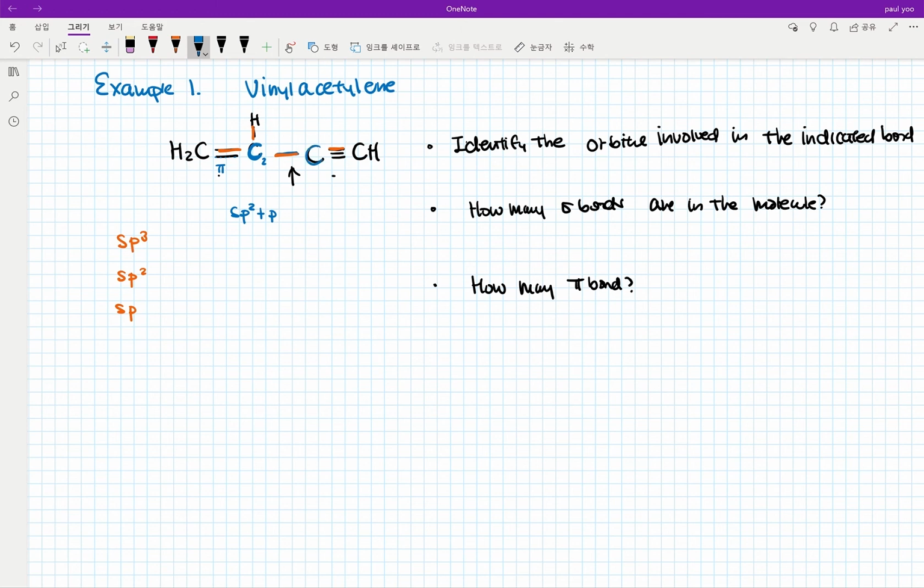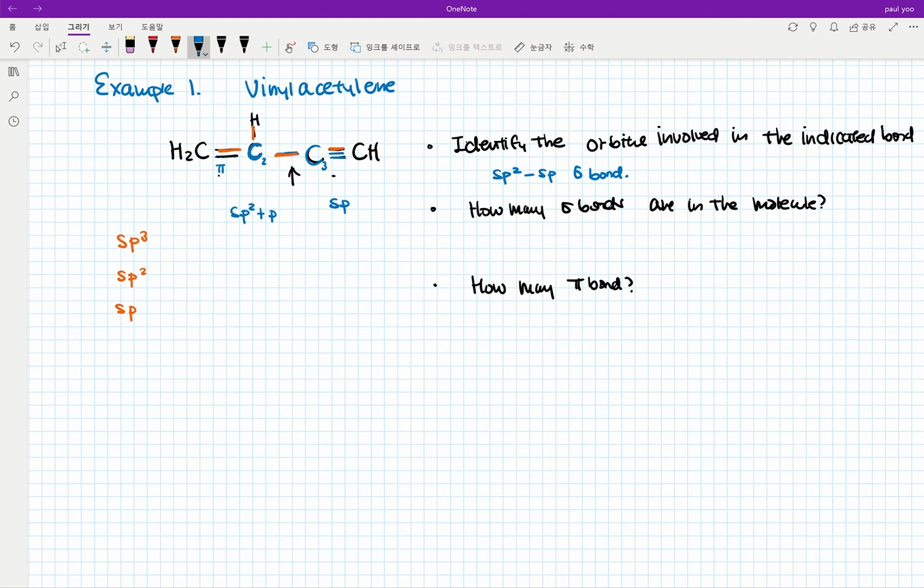And from the point of view of carbon 3, actually I should have numbered it 2 and 3 alternatively, it has two pi bonds, so it is from an sp hybridized orbital. So we can name the indicated bond as an sp2-sp sigma bond.